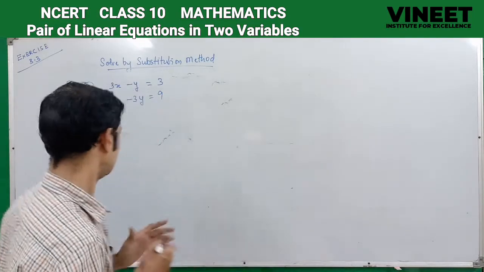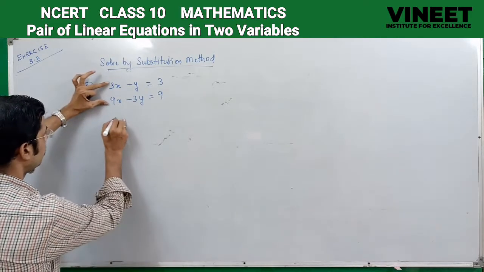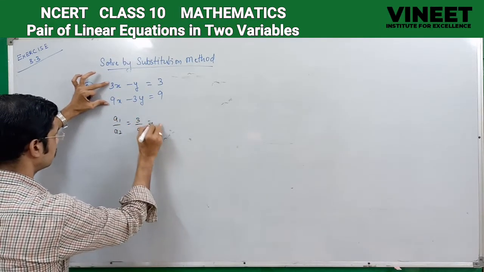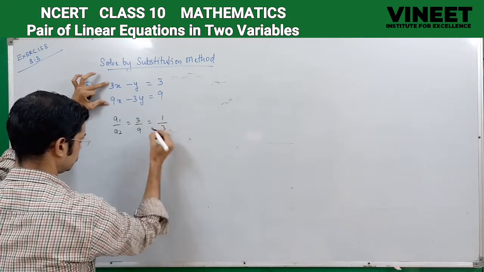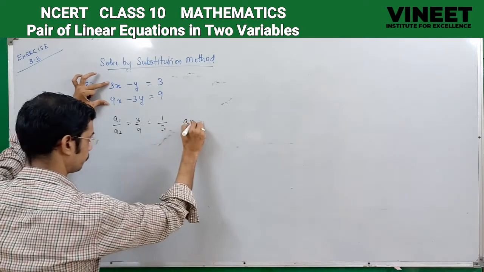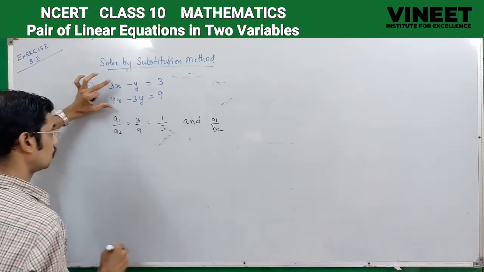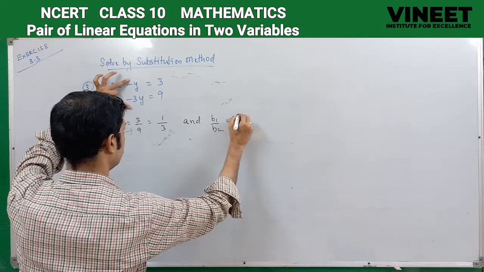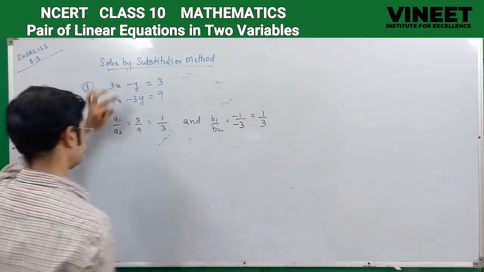So here in this case we shall observe that a1 by a2 is 3 by 9, which comes out to 1 by 3, since 3 1s are 3, 3 3s are 9. And what is b1 by b2? The ratio of coefficients of y is equal to minus 1 by minus 3, which comes out to 1 by 3.